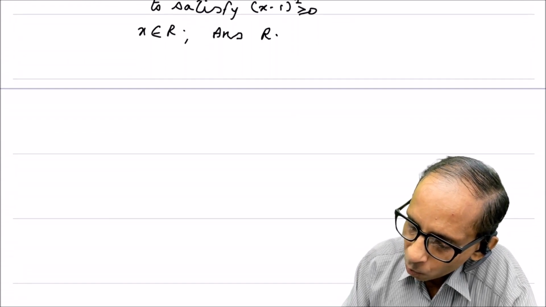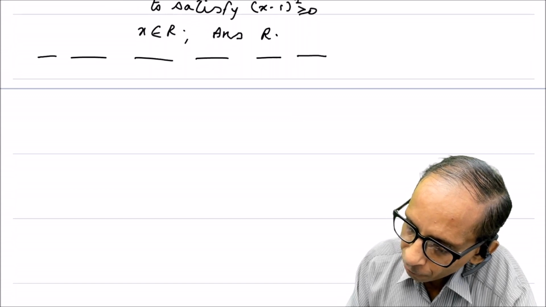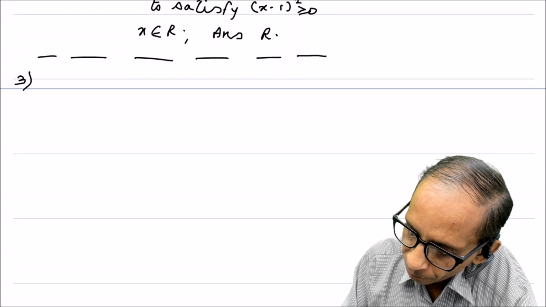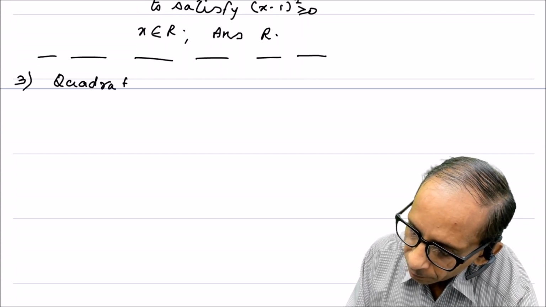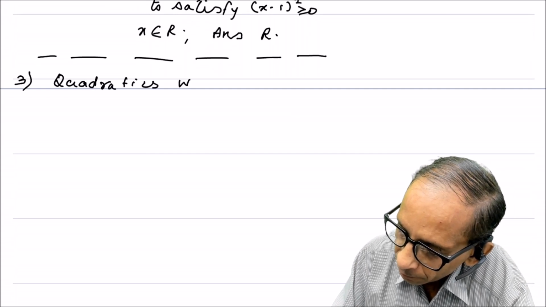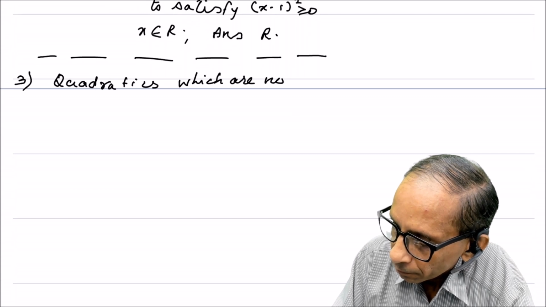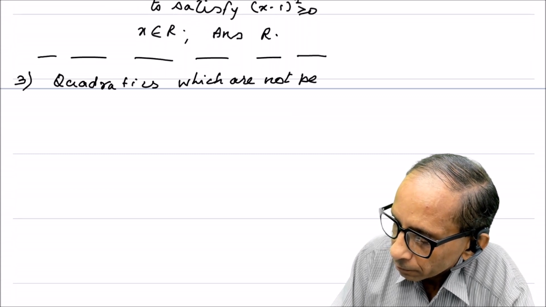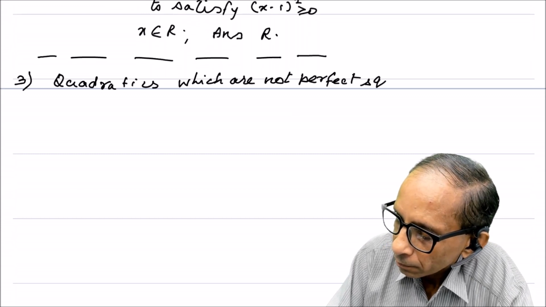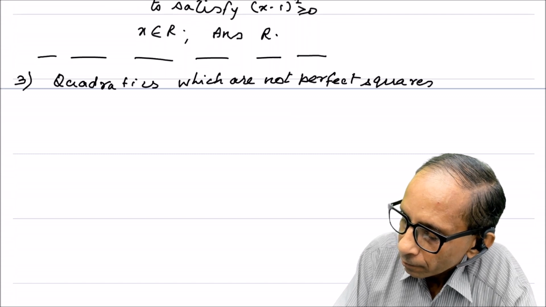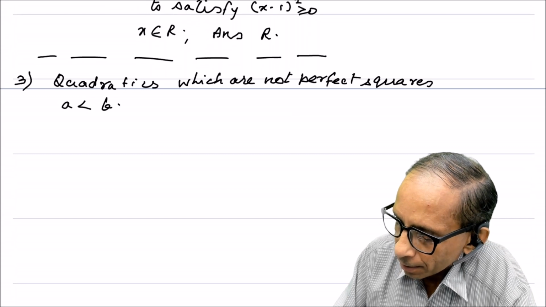We consider quadratics which are not perfect squares, but they are in factorized form. Let a be less than b.